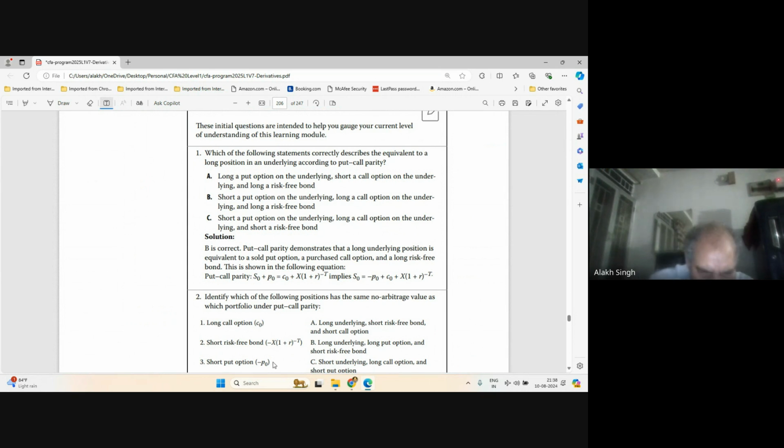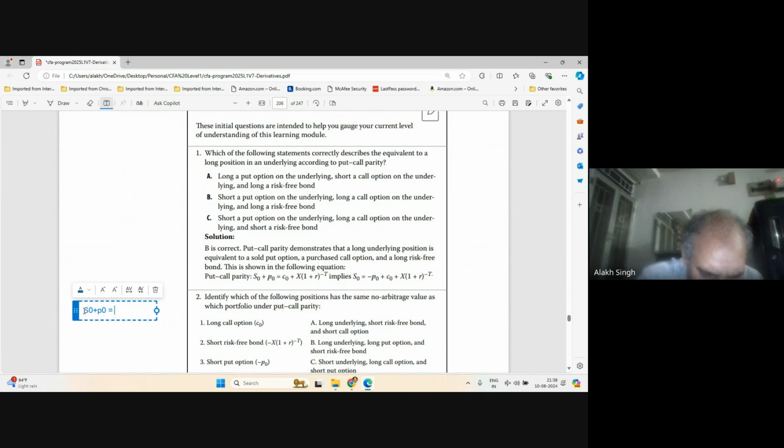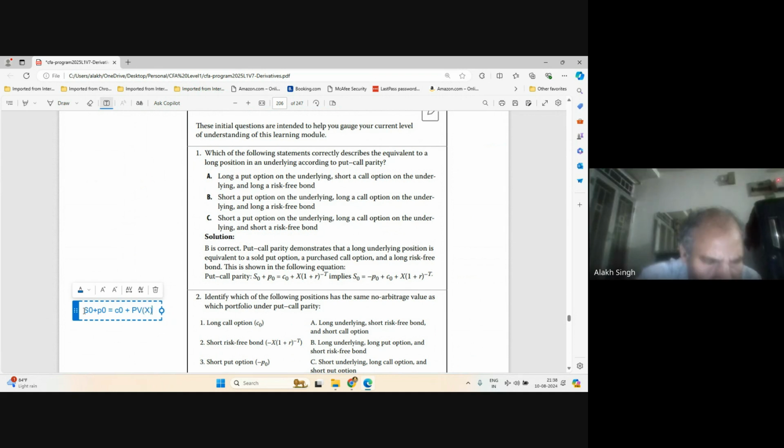Which of the following has the no-arbitrage value of put-call parity? Let me write it here so that we can do it. S naught plus P naught is equal to C naught plus X into 1 plus r to the power T, the PV of X. So this is our equation.